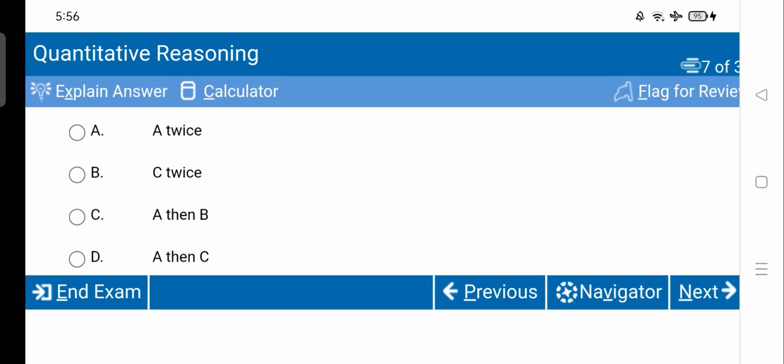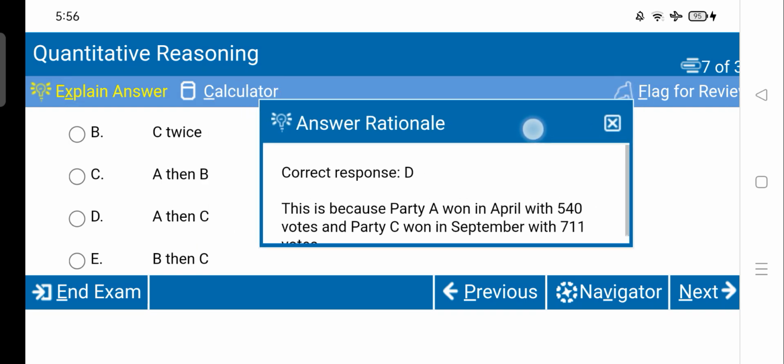Option B, C twice. Option C, A then B. Option D, A then C. Option E, B then C.